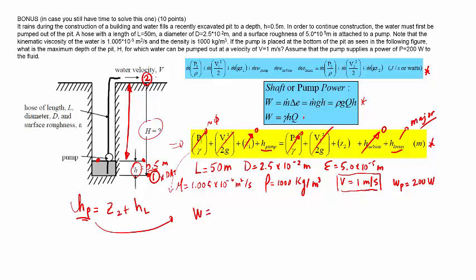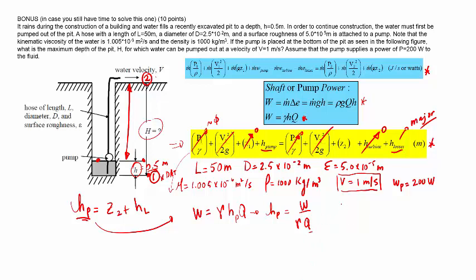Remember then, using this expression is gamma HQ, and so what we have is the head for the pump, which is this, would be the watts divided by gamma Q. Now I don't have Q, but I can calculate it.